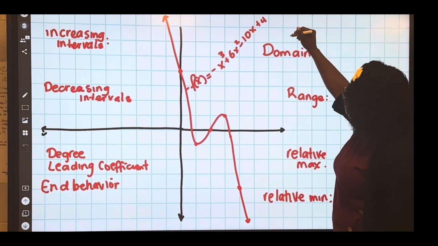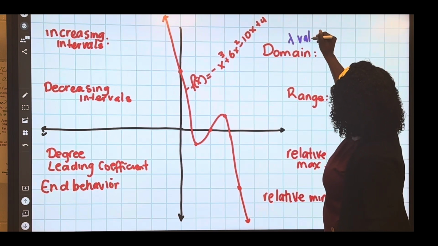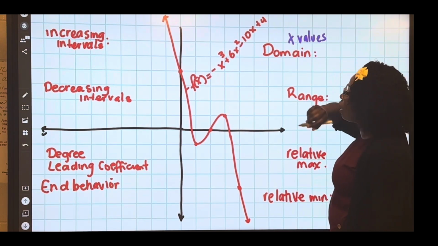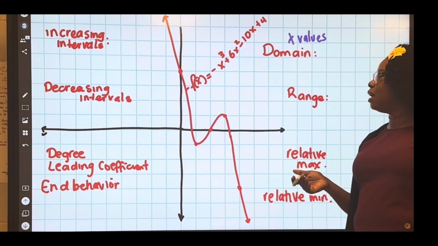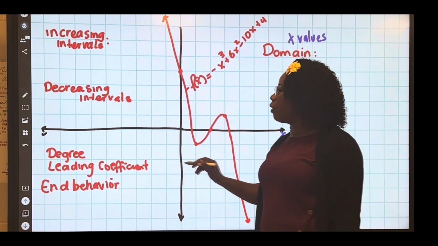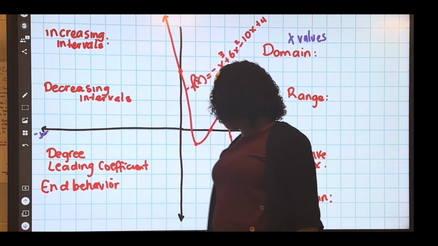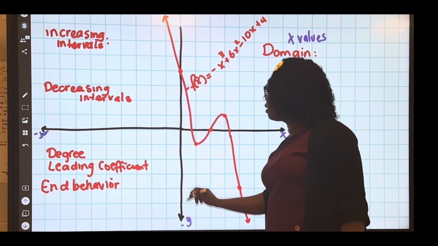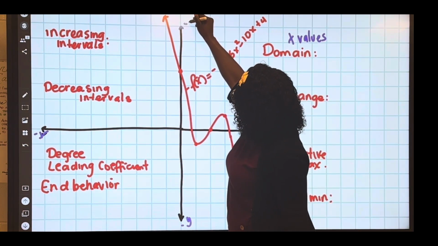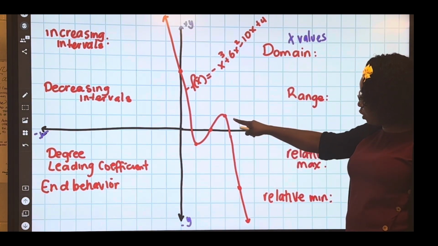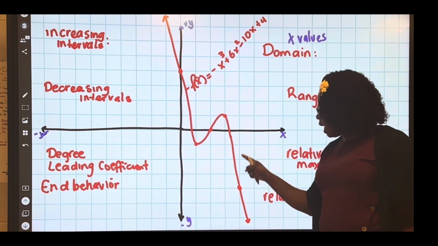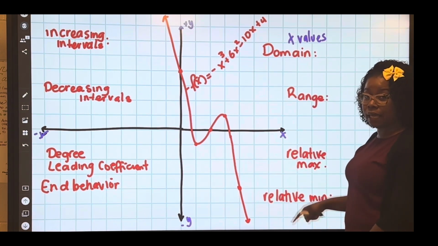We know domain are x values. And so we look at the function to see where the x values are, where it's trending. Did it start one place? Did it stop one place? So we know our x-axis is our horizontal axis, positive and negative, and the y represents our range as well. So here, you look at the function, you see that x is increasing in this direction.